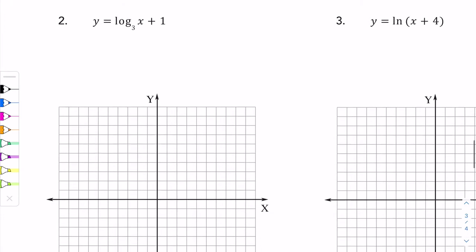Number 2, we have y is equal to log base 3 of x plus 1. Our parent function is log base 3 of x. The inverse of this function is y equals 3 to the power of x.